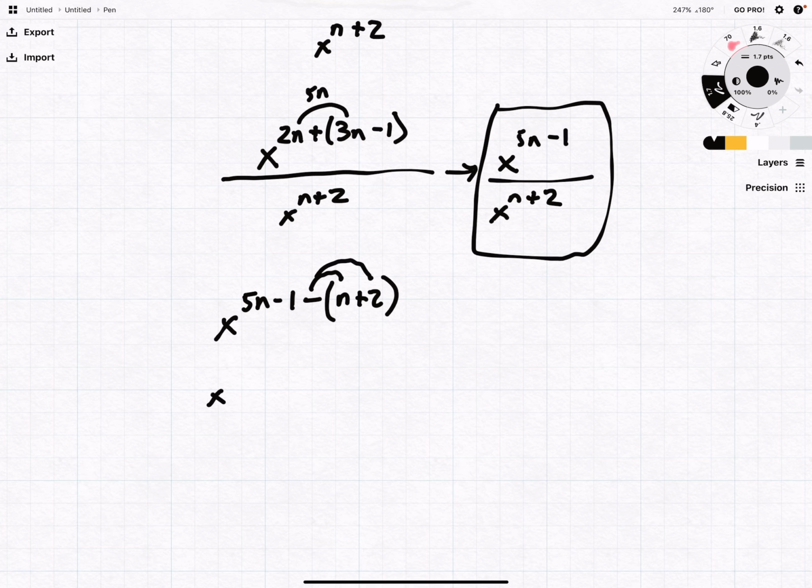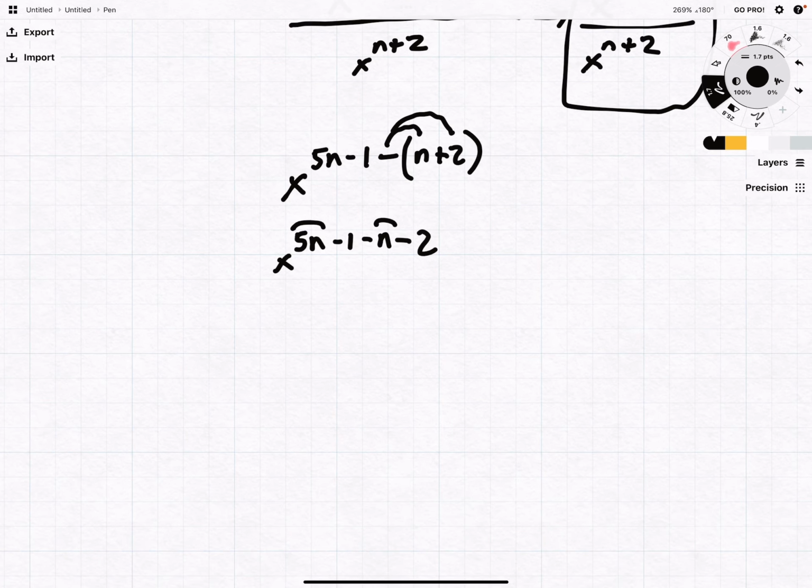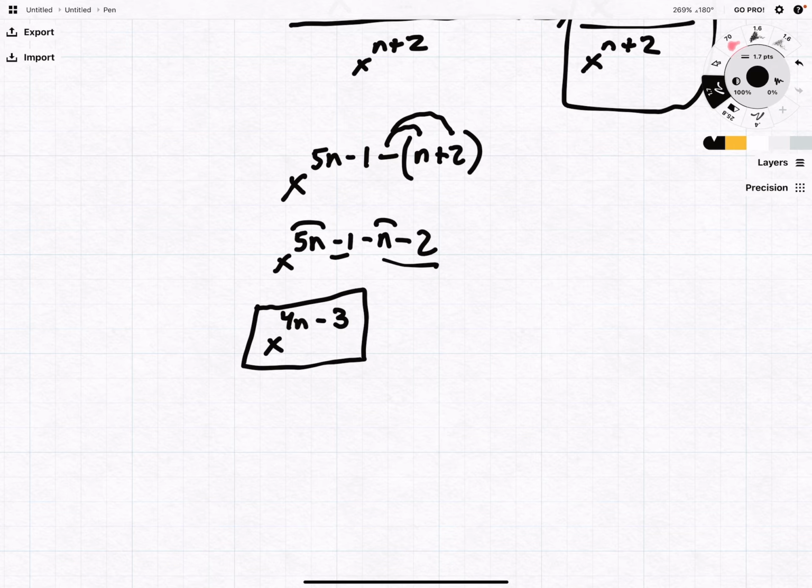So that gives us x to the 5n minus 1 minus n minus 2. So here we've got 5n and minus n, so that's going to go to 4n, x to the 4n, and then we have a negative 1 minus 2, so that's going to give us minus 3. And that's our answer for part A, x to the 4n minus 3.